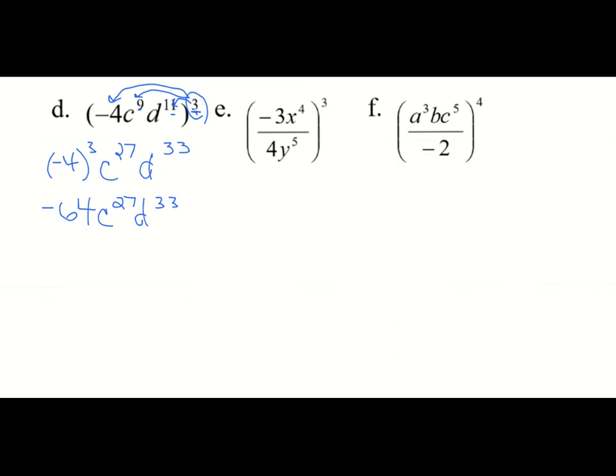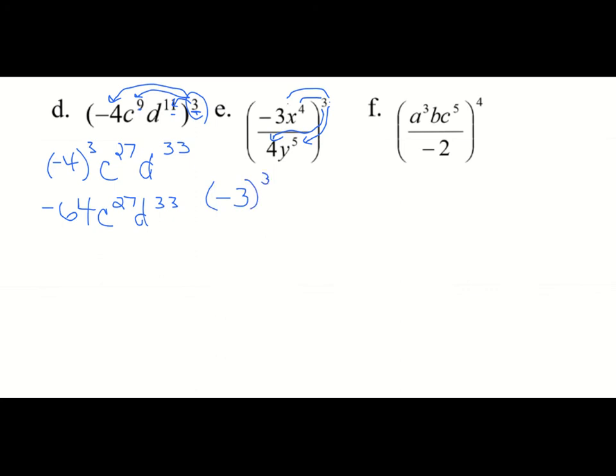Now for E, because we have a fraction here, we do have to distribute this 3 to everything in the numerator and in the denominator. So it gets a little tricky here. So the first thing we're going to do is put -3 in parentheses to the third power.